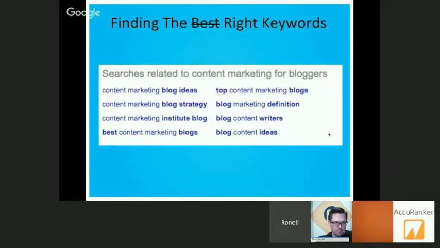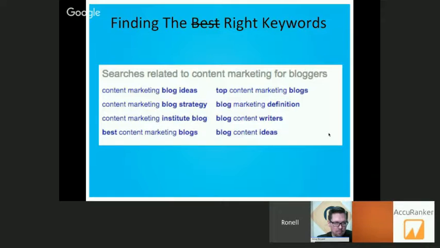Now, Rand did, Maz did a webinar recently on keyword strategy, and he talked about how doing a search that highlights intent is much better for looking for people who may not be in the quote-unquote funnel at the point at which we're typically producing content, but looking for content ideas around our main content.